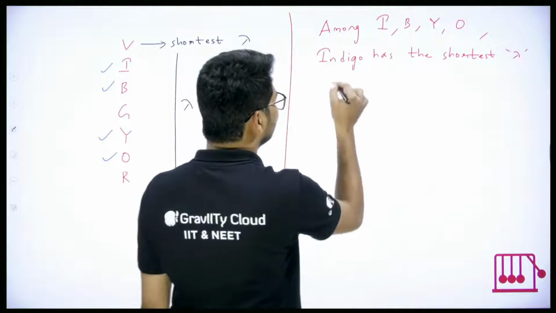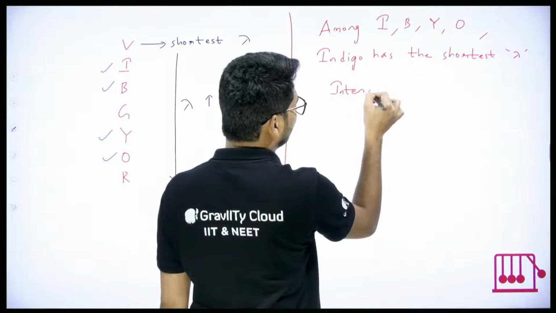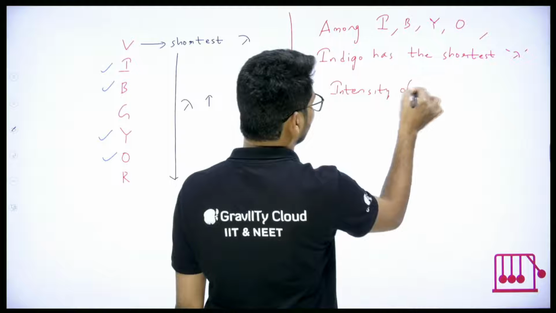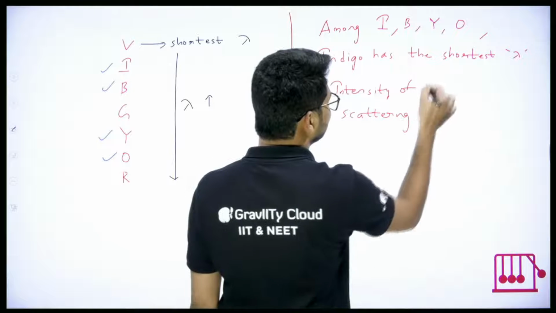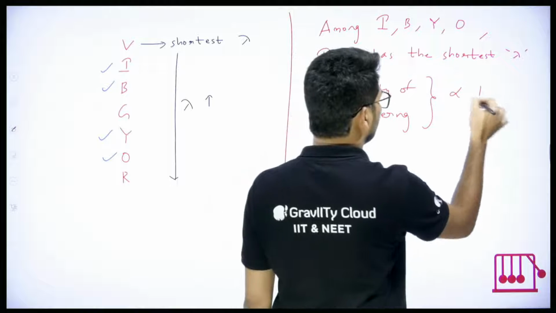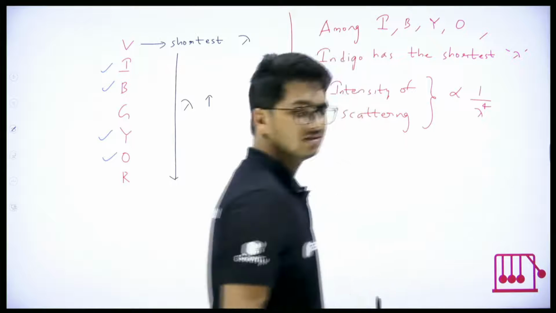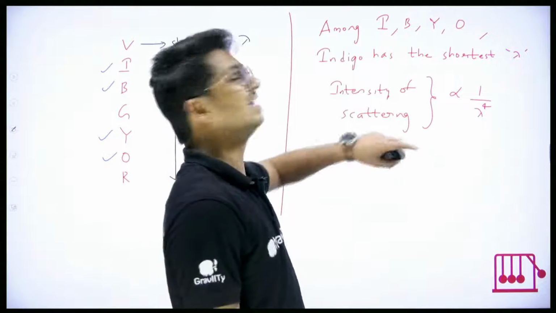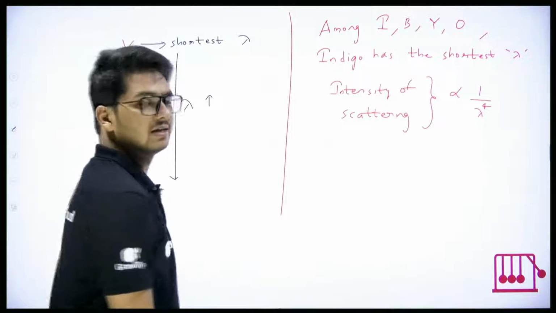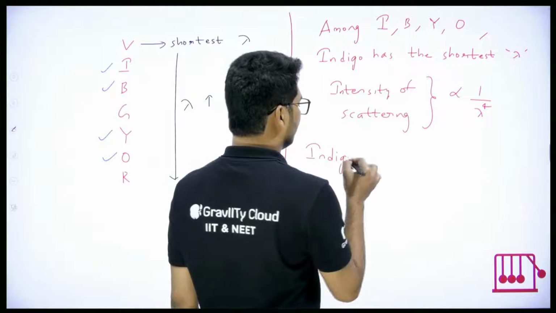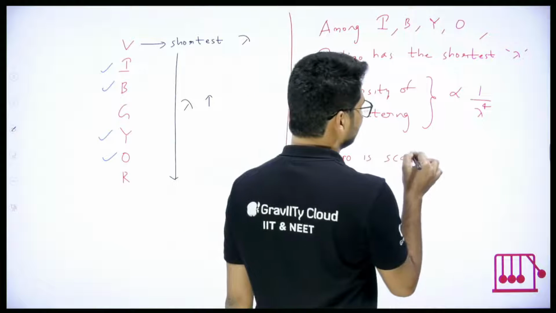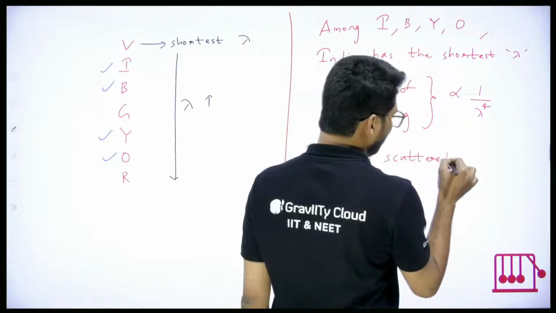And because, according to Rayleigh scattering, intensity of scattering is inversely proportional to the fourth power of wavelength, if wavelength is less, intensity will be greater, right? Indigo is scattered the most. Very simple.